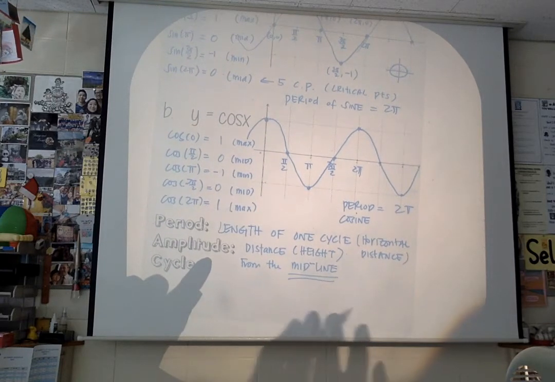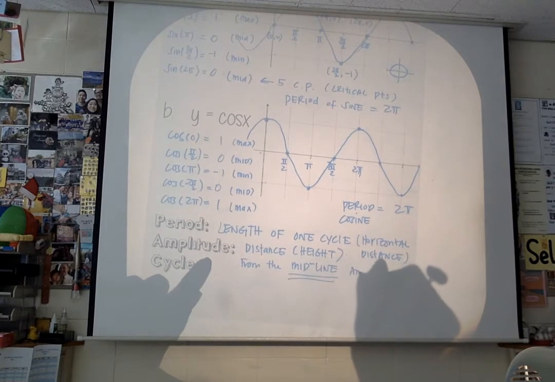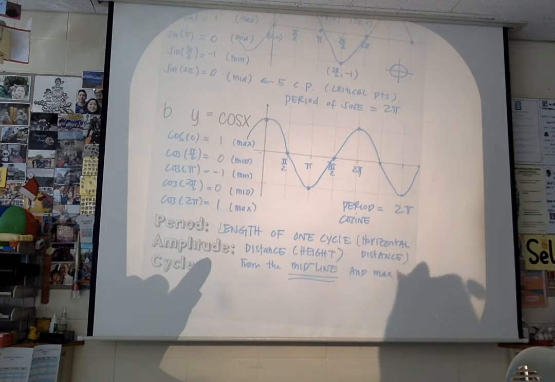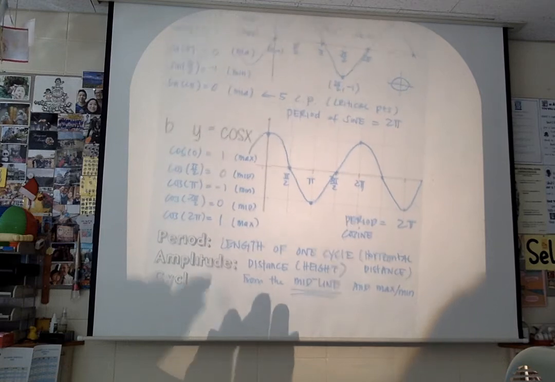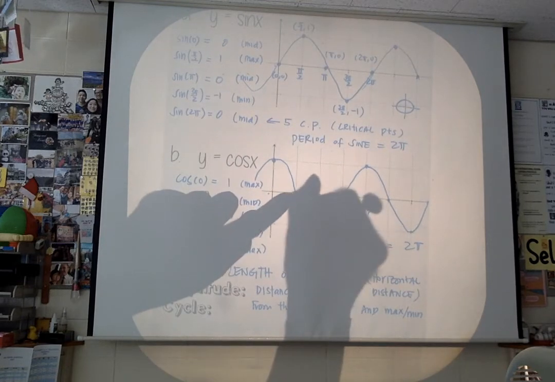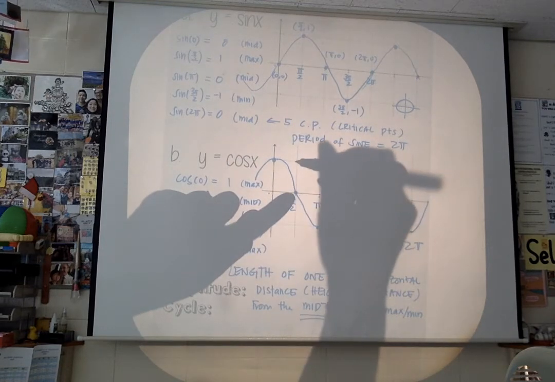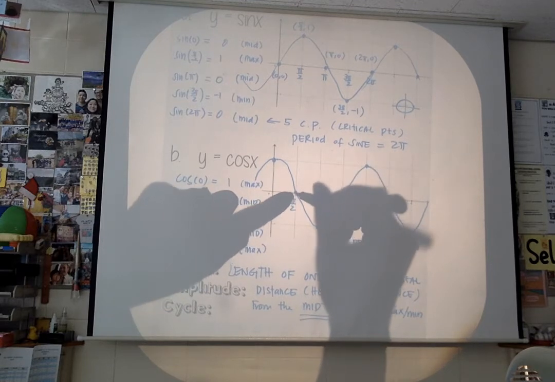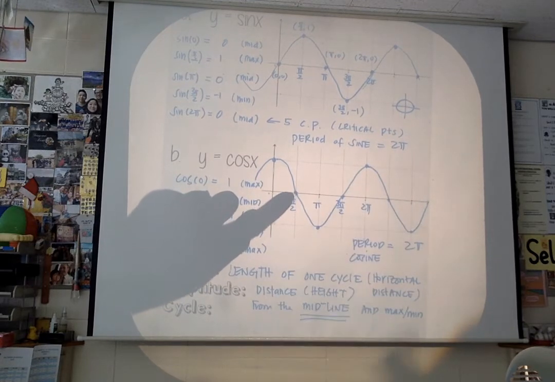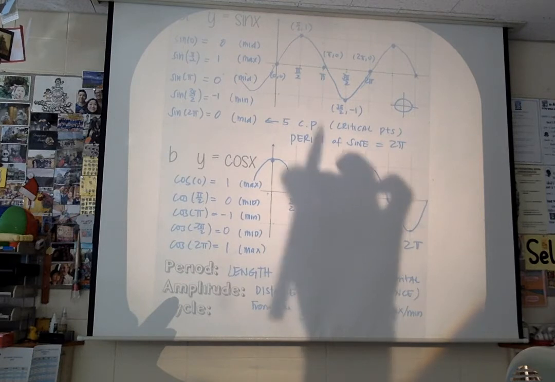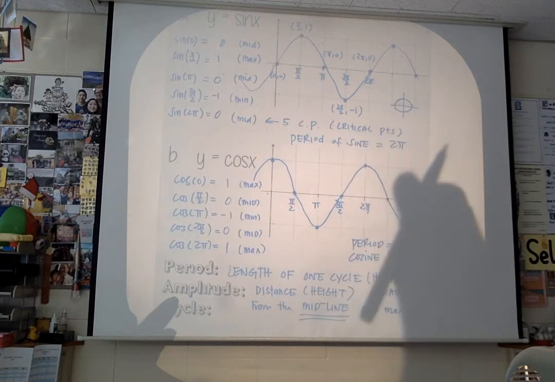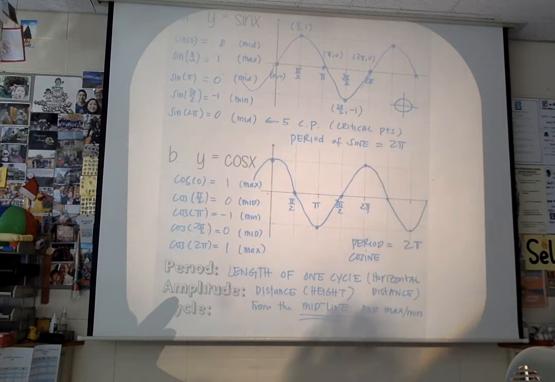Isn't this our midline? How high is it from here to our max? That's 1. How about from our midline to our min? That's 1, and that's the amplitude. It's the height from mid to max, mid to min.